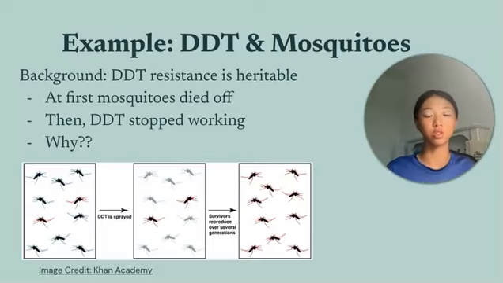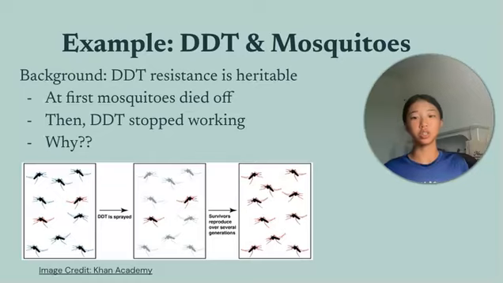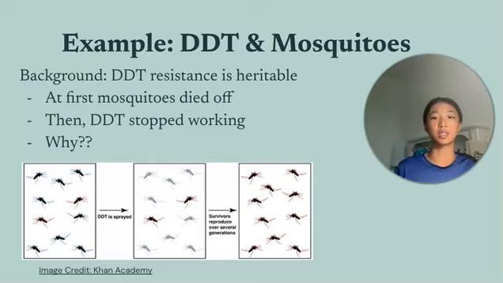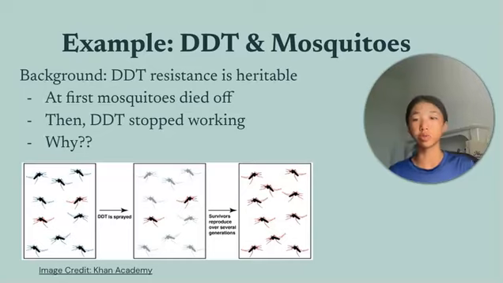So after several generations, the surviving DDT resistant mosquitoes will be able to reproduce, and eventually, over a long time, those mosquitoes will be able to get back to the original population. And this time, when you spray DDT onto those mosquitoes, it wouldn't work because all those mosquitoes will now be DDT resistant. This is a classic example of how natural selection can change an entire population.